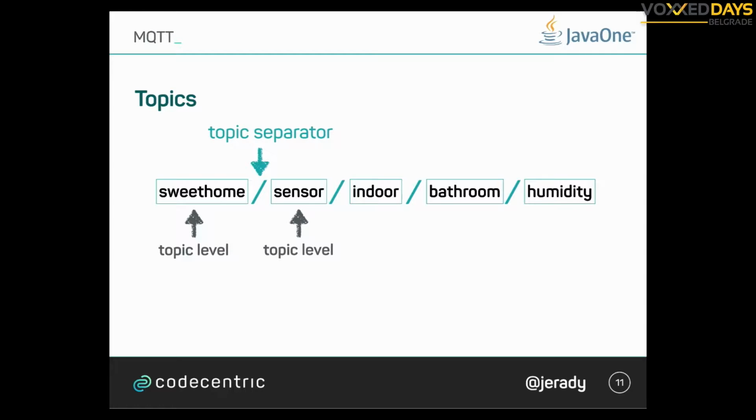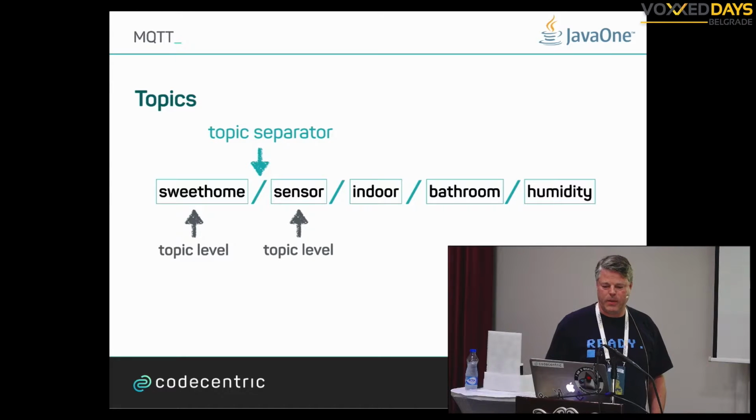Topics can be defined in a hierarchical structure, like a directory structure on the file system of your OS. There's a topic level, just an ASCII-based name.